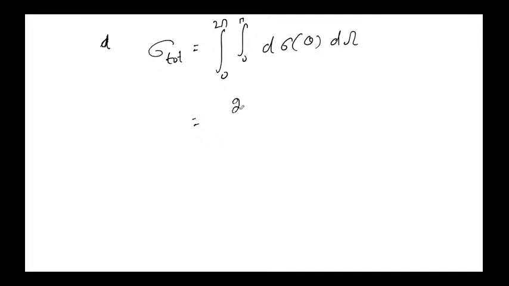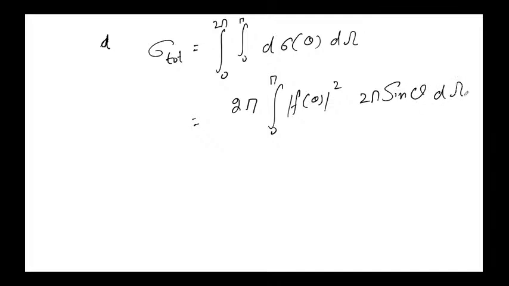So this we can write as 2 pi, integral from 0 to pi, of f theta squared into 2 pi sine theta d omega.